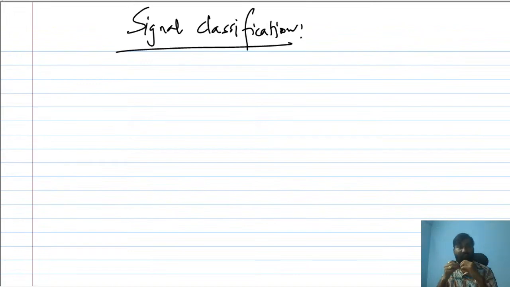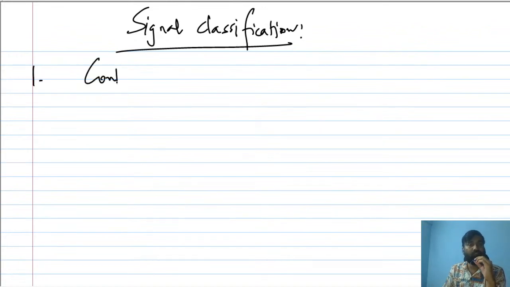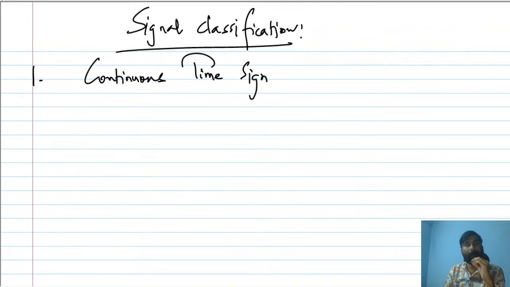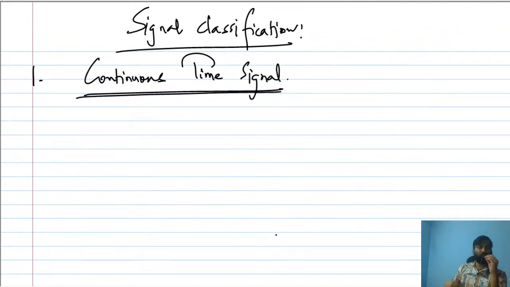Those things are discussed in communications. Here we just have to understand what a signal is, what kinds of signals there are, and how we can classify them. The very first kind of classification is continuous time. What is the meaning of continuous?